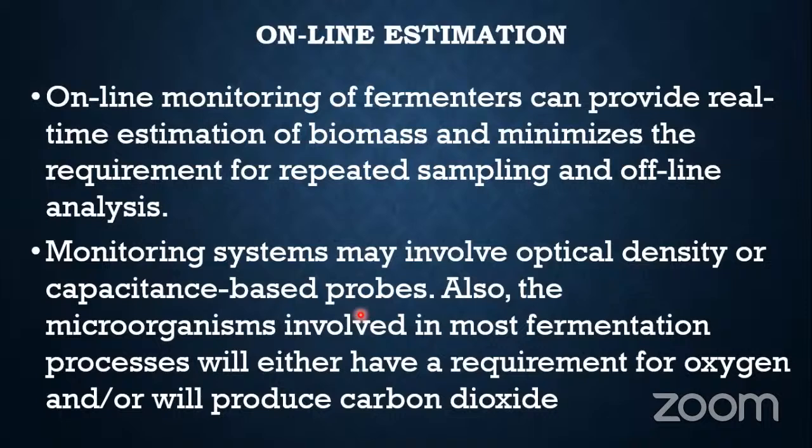Repeated sampling is talking about taking a sample at every interval, doing the same method of microbial growth assessment. Online estimation minimizes this. It can give an accurate growth per time. It measures it as it's occurring.